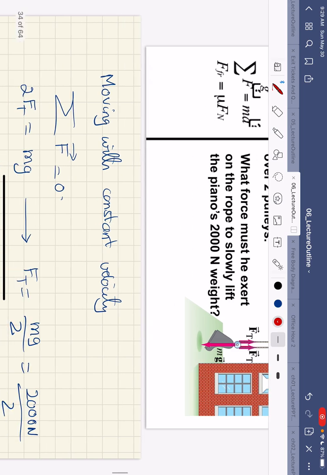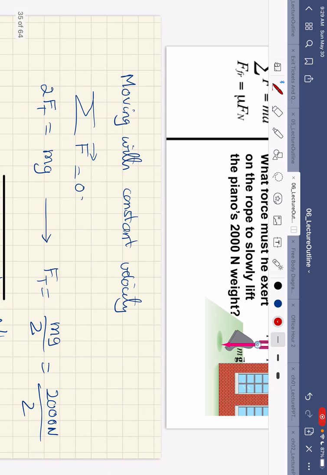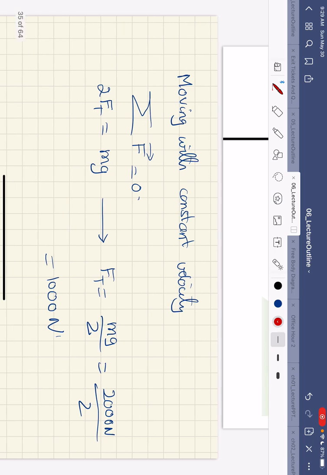Now, moving with constant velocity, sigma F equals 0, then the 2Ft, the forces of tension, should be equal to mg. And from that, you will find that Ft is mg divided by 2, which is 2,000 newtons divided by 2, which is 1,000 newtons.